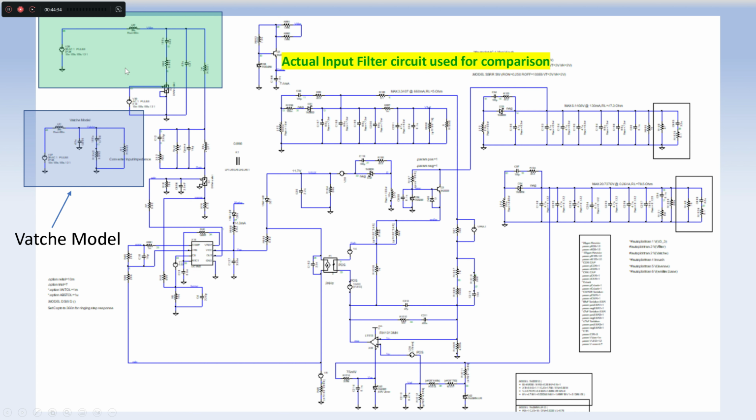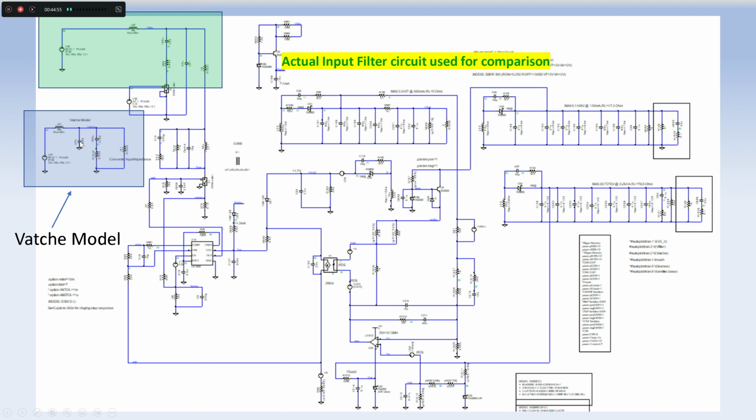So this green is the actual input filter. The capacitors and the damping are exactly the same as the Vorpérian model. So this is the actual filter, and this is the simplified Vorpérian model.